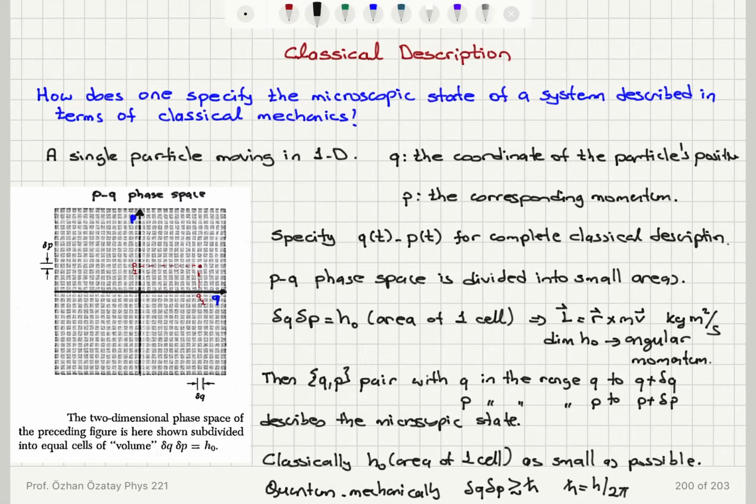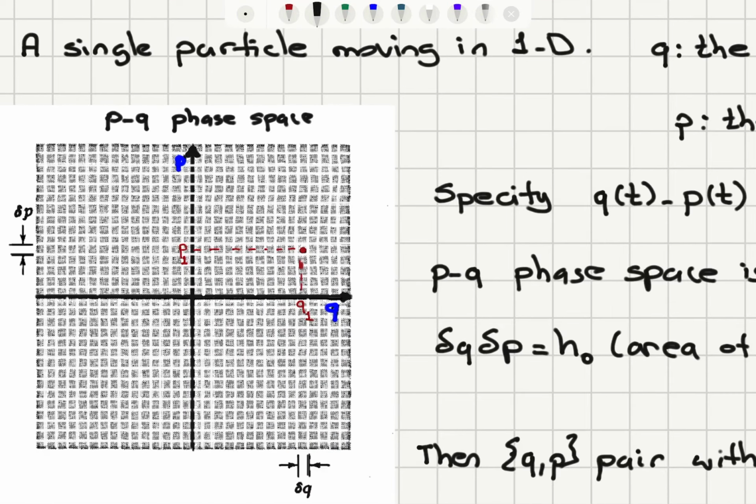So if you look at the state of the system at one particular time, t equals t0, q has a certain value, p has a certain value, and you plot p versus q in the pq phase space. This is one dimensional, so in this example q would be equal to x and p would be equal to px if it's moving on the x-axis.